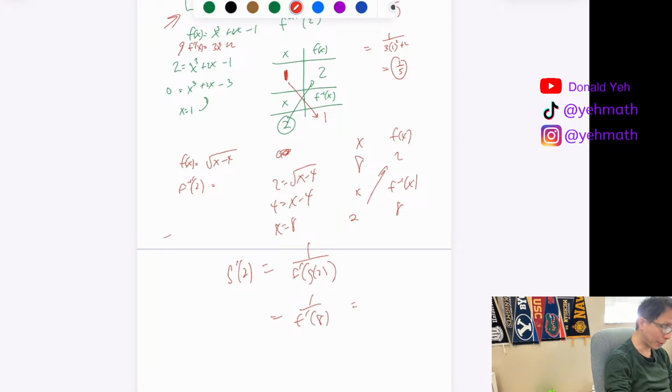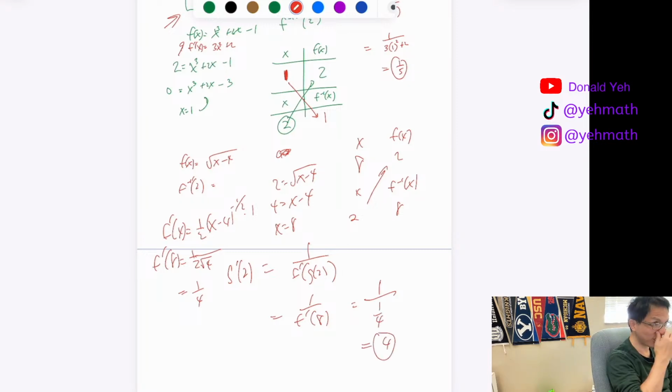Now we can find f prime of x. f prime of x is equal to 1/2 times (x minus 4) to the negative 1/2 times 1. If I plug in 8, that's 1/2 times the square root of 4, which is 1 over 4. So 1 over 1 over 4 is 4. Our answer is 4.